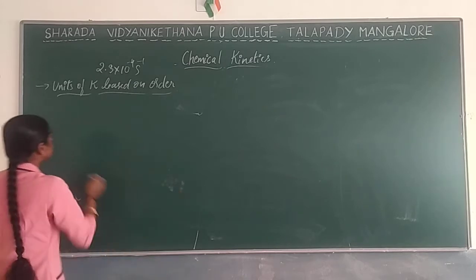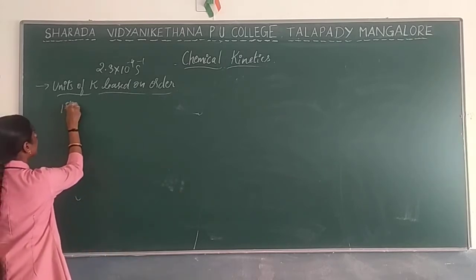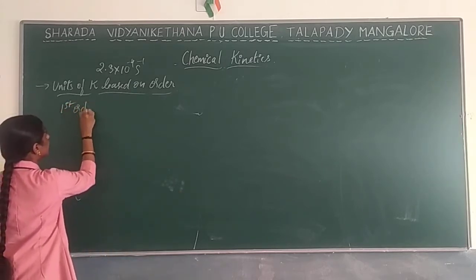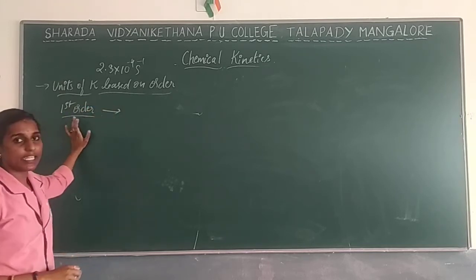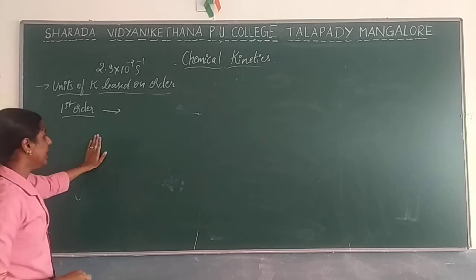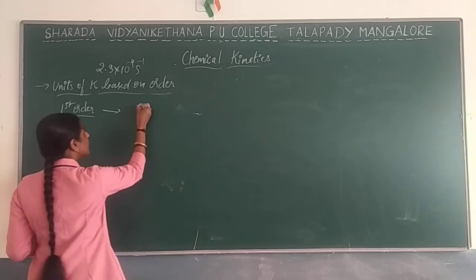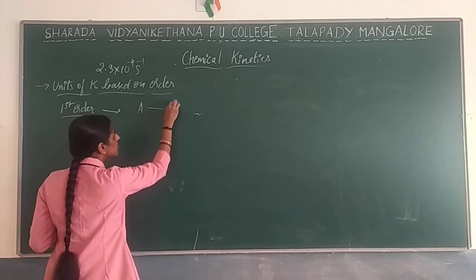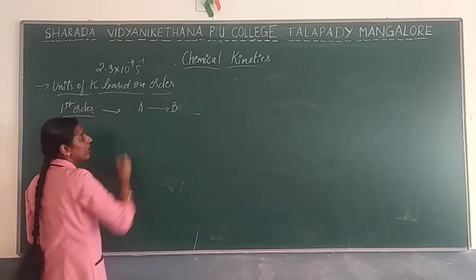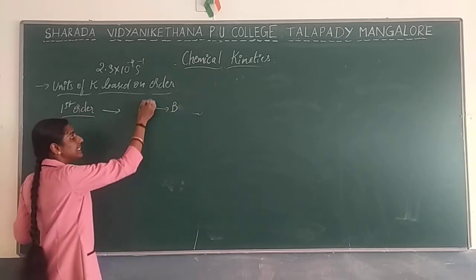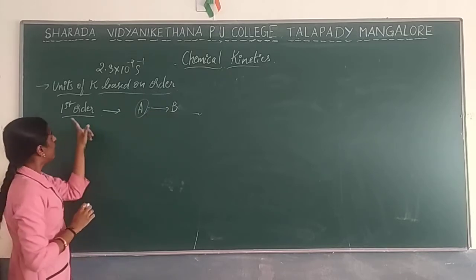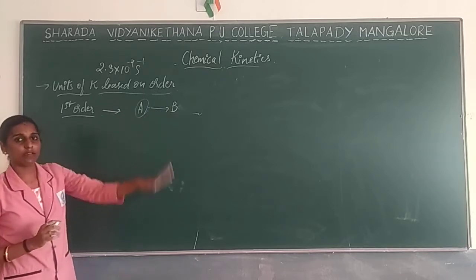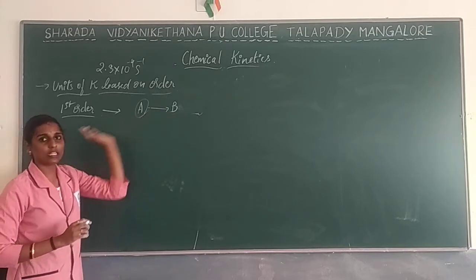If I am doing a first order reaction, we find out the value of K. Consider the equation where A gives B as a product, so the reactant is A. For all orders, first, second, as well as zero order, you consider this as the equation.